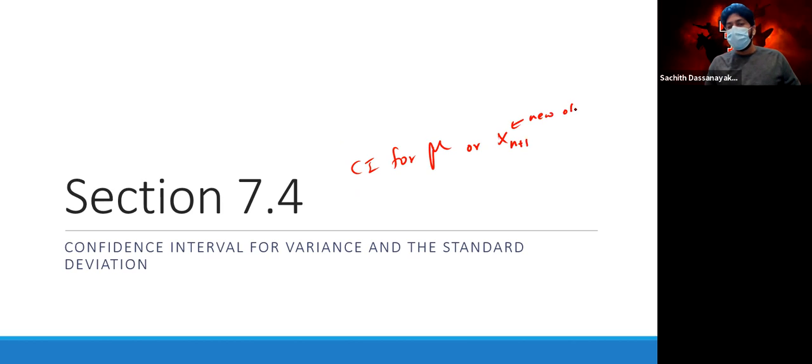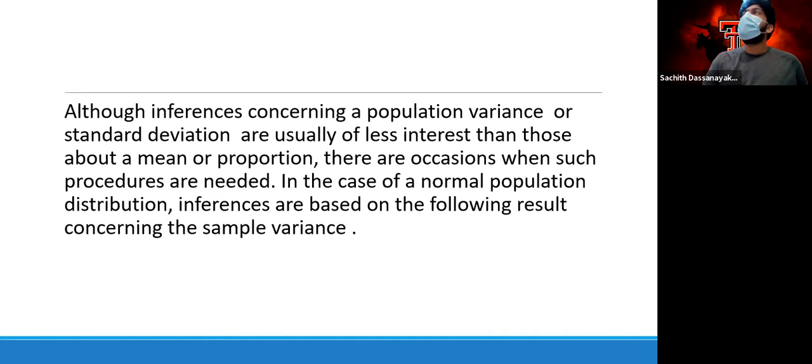What happens if we consider the confidence interval for variance, same as the standard deviation, doesn't matter? If we consider the confidence interval for variance, it's going to be different. It's a different story.